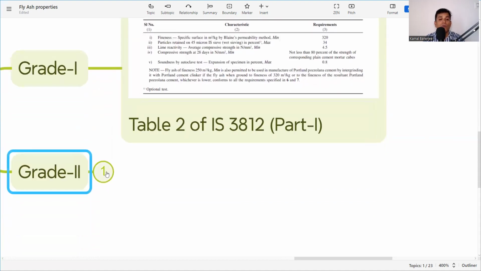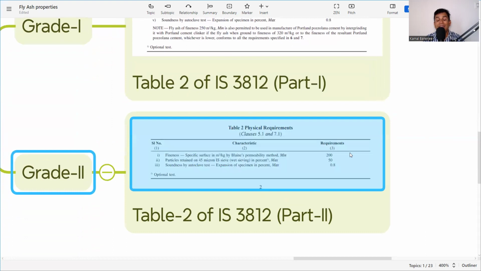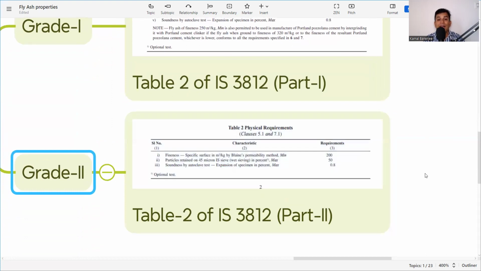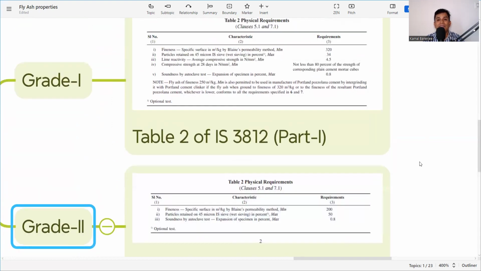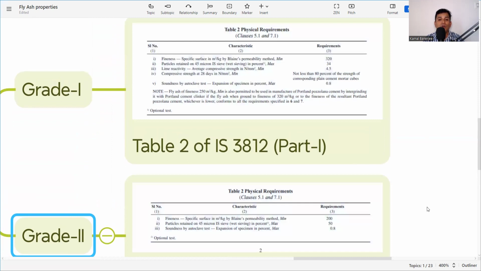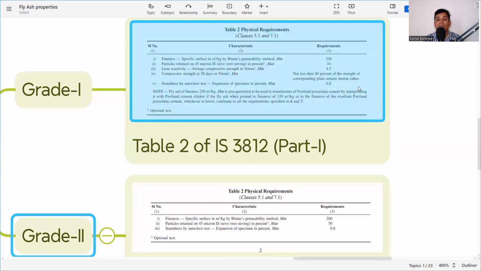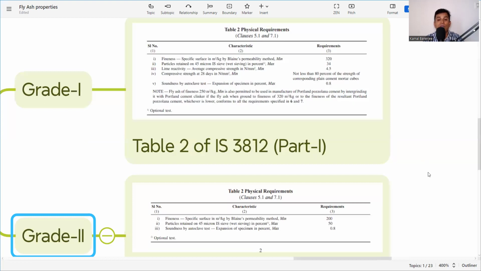Now we need to check the physical properties of grade 2 fly ash, which is used as an admixture. The fineness is 200 meter square per kg; here for grade 1 it is 320, now it is 200. And particles retained on 45 micron, maximum is 50, whereas it was 34. So grade 1 has more finer particles than grade 2.